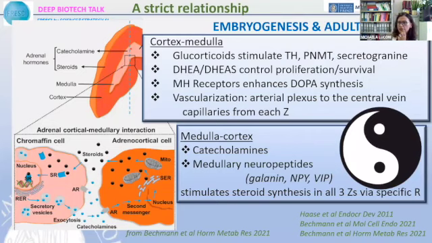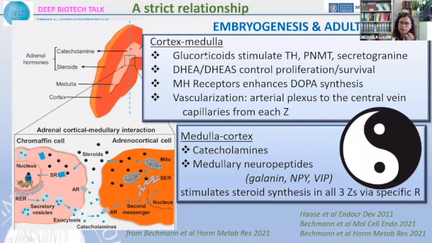And a strict interaction between this outer cortex, steroidogenic secreting, and the neuroendocrine compartments occurs in the gland by a reciprocal regulation of the secretion.